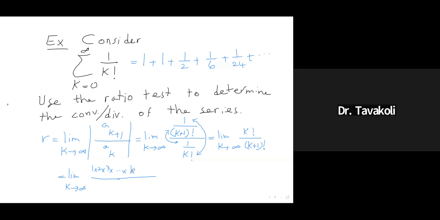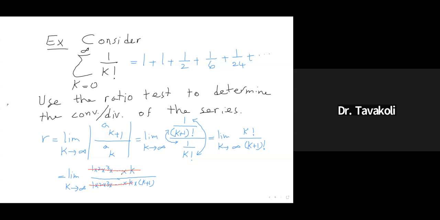What is (k+1) factorial? Again, 1 times 2 times 3 up to k plus 1. But before getting to k plus 1, we have k, then k plus 1. Now, can you simplify this? Of course we can, because all of these and all of these are the same. All the multiplication from 1 to k, I see on the top and at the bottom.